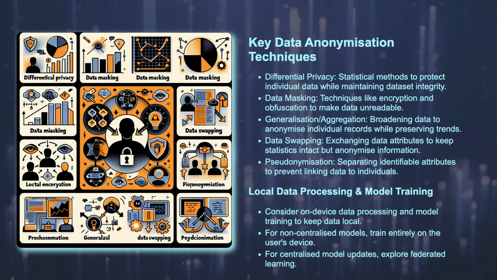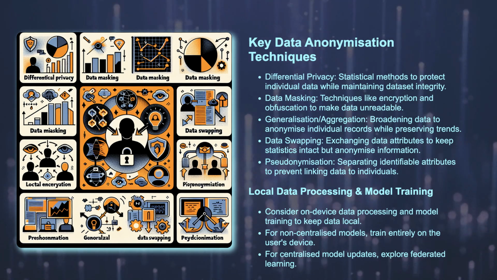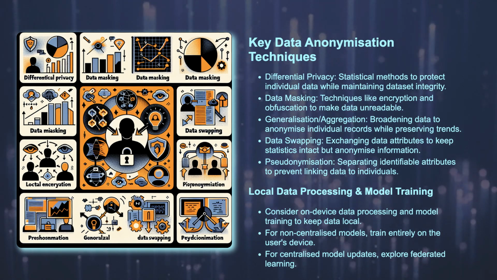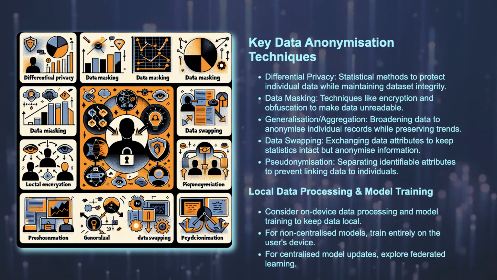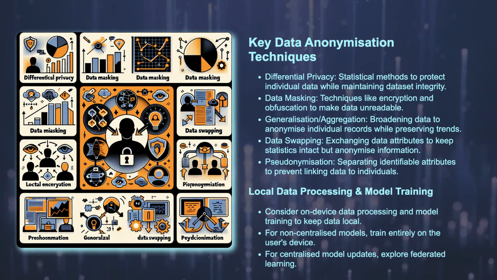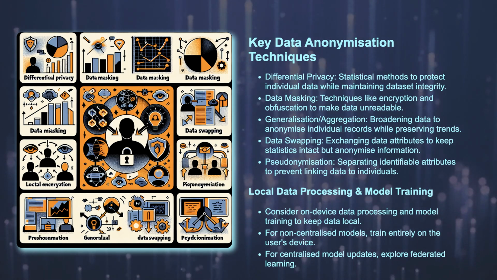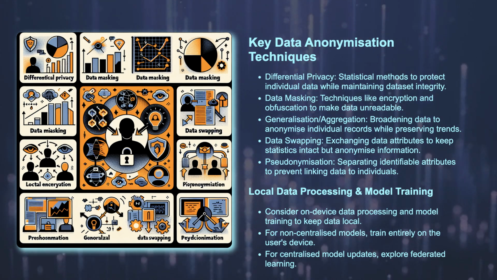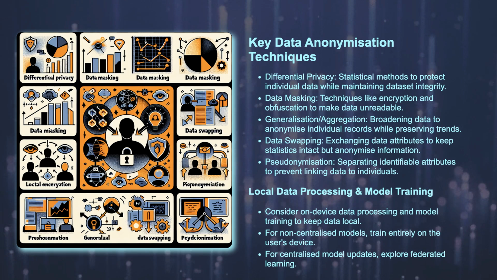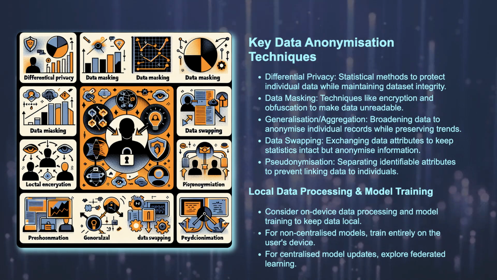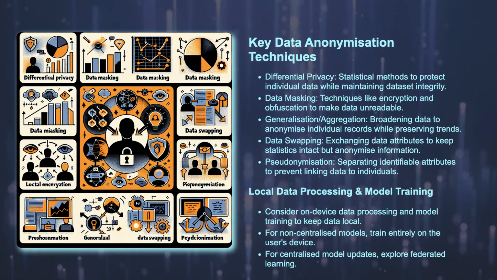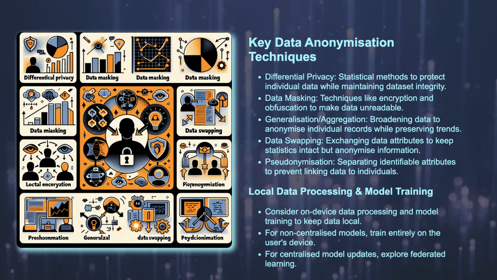Generalization aggregation, zooming out of the data to anonymize individual contributions while keeping overall trends. Data swapping, swapping attributes, data points between entries while maintaining the underlying statistics of the dataset. Pseudonymization, removing and keeping separate attributes of the data such that a data point can no longer be attributed to a specific entry without the removed information.